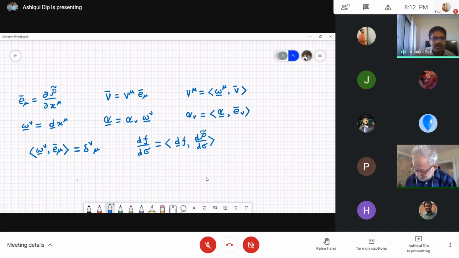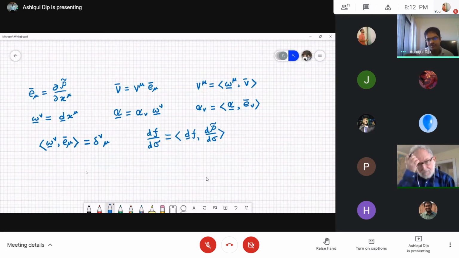What else did we learn last time? That's all, but there's also how to expand one forms. For df, we would be able to expand it like this: delta f over delta x mu dx mu, right?